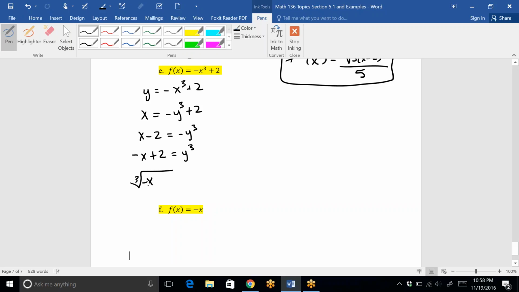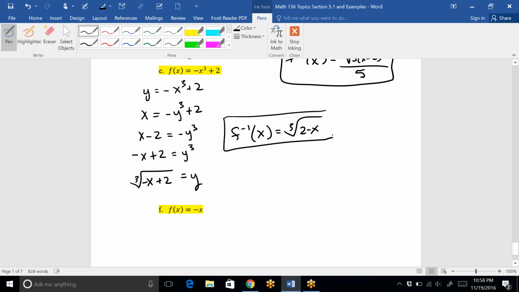And remember, the nice thing about the cubed root is you don't have to worry about signs, because whatever this sign is, you're going to get the same sign over here. So we don't need to write a plus or minus. So my inverse would be cubed root of 2 minus x, if you want to write it with the negative not being up front. And domain and range of the original versus the inverse.